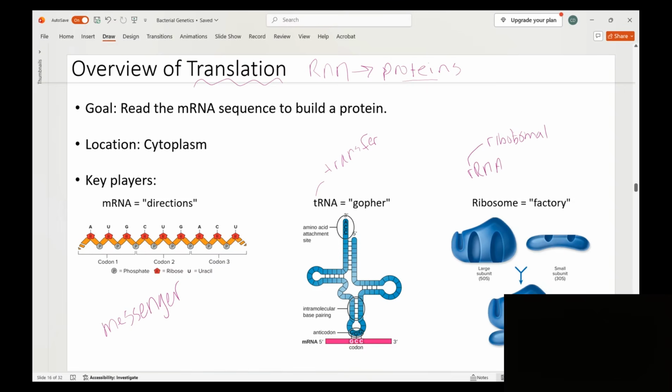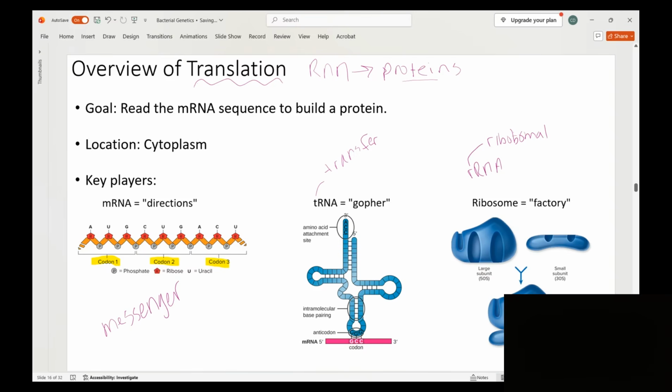Well, the messenger RNA is going to be read in sets of three nucleotides, and we call that a codon. You see that right here. When you have an RNA sequence, you just divide it into sets of three, and each one is called a codon.